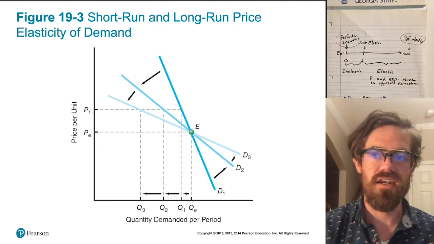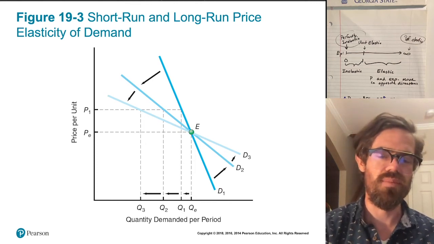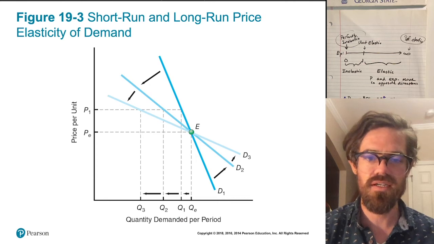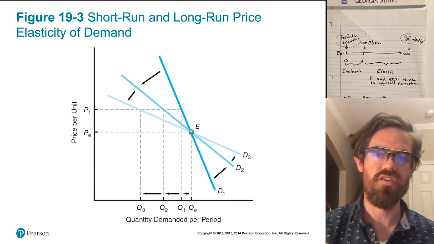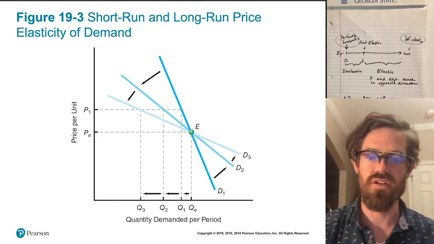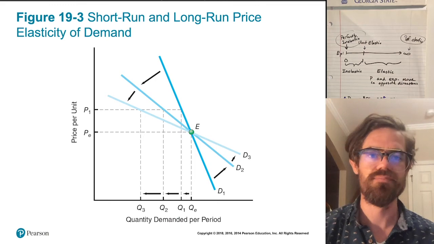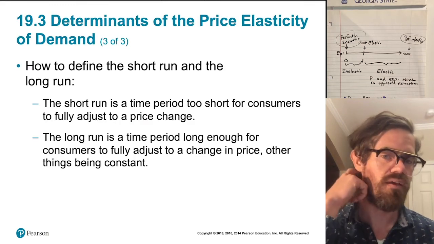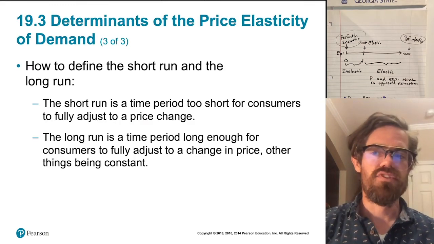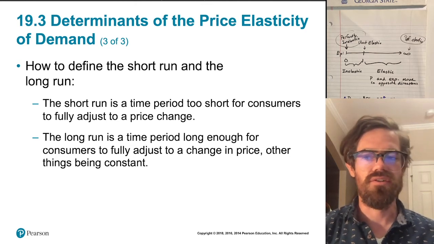So that's basically what we're seeing here. But now we're thinking about it in terms of the short run and the long run. So in the short run, the demand curve might be D1, and then as we get further into the long run, the demand curve gets flatter because it's getting more elastic. There's more time to be flexible and make adjustments. So how can we define the short run and the long run?